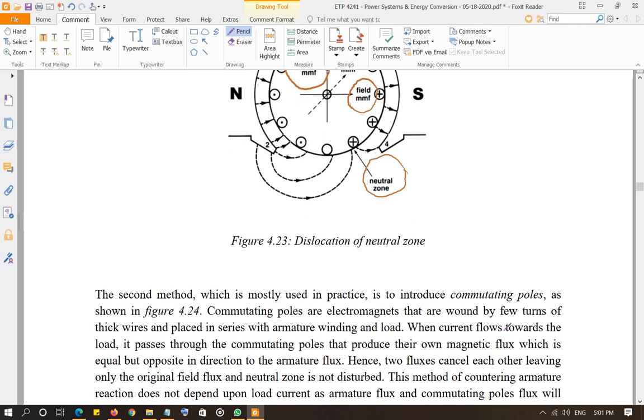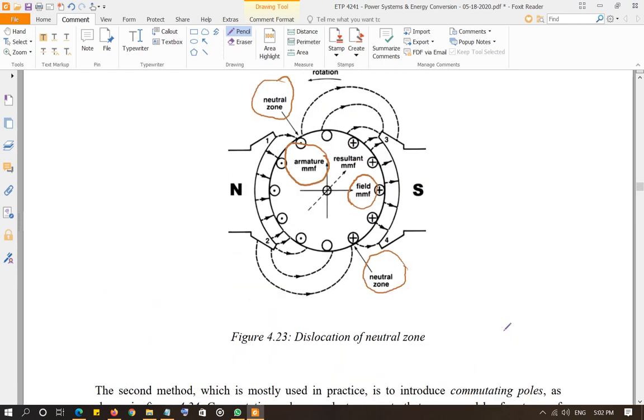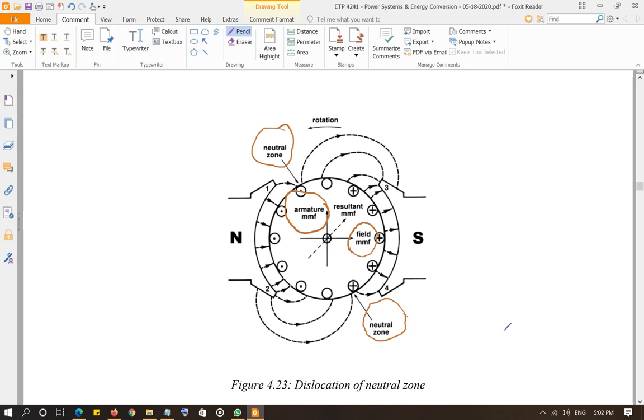How do you fix this? There are two ways to fix it. If you know that this is your load, so the generator is providing the exact amount of current to the same load, and the load is not changing, then you can shift the location of the carbon brushes to the new position where the new neutral zone is going to be.